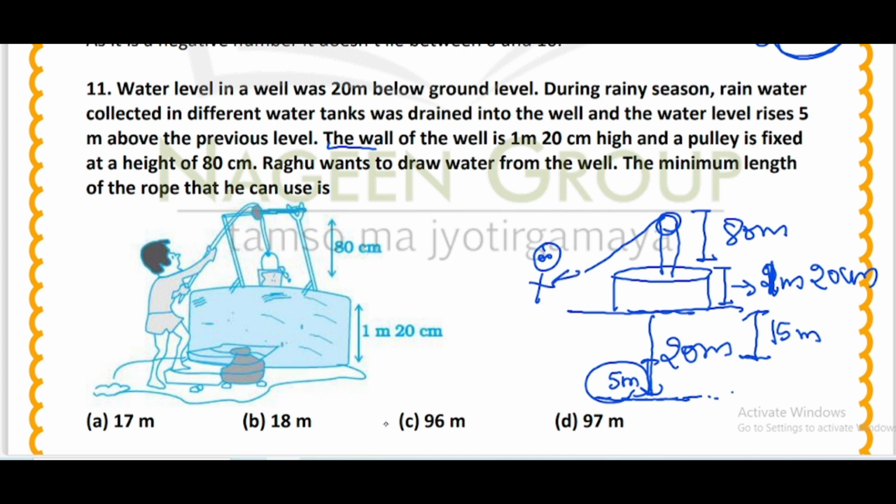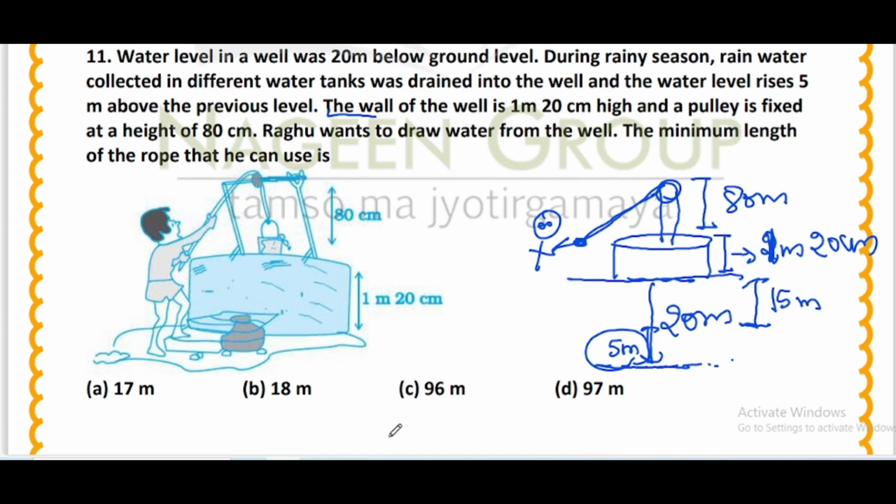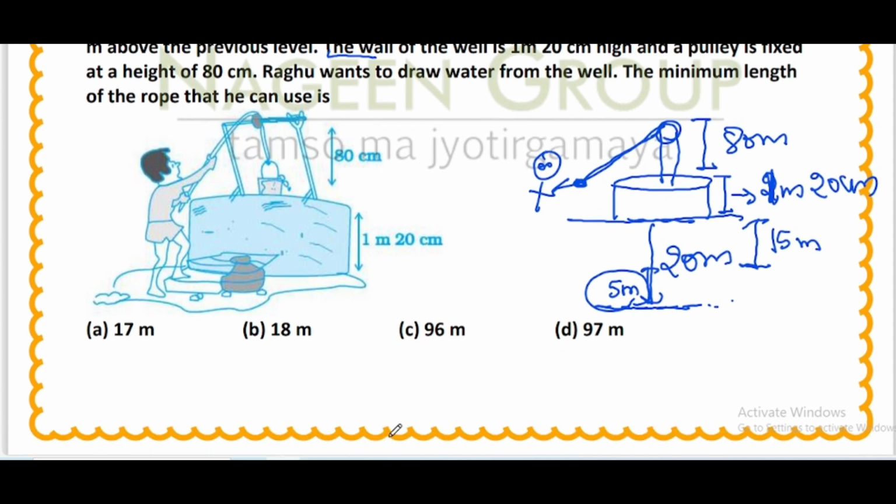Then the minimum length of the rope that he can use is, let's see, the minimum length used. 80 centimeter of rope is needed to cover the pulley.